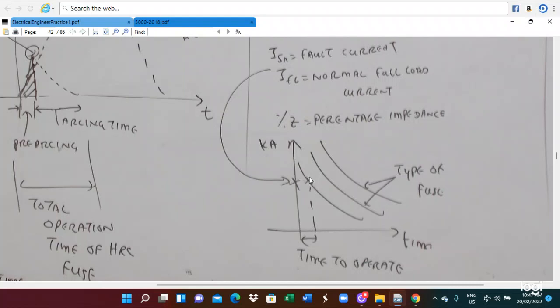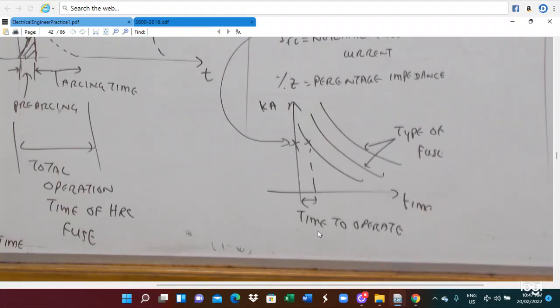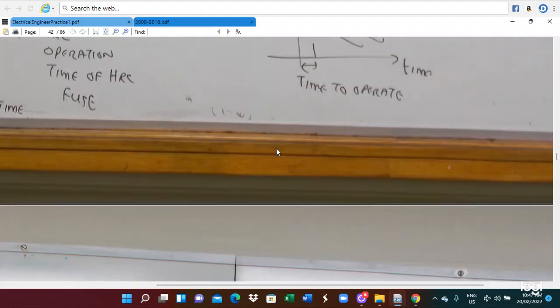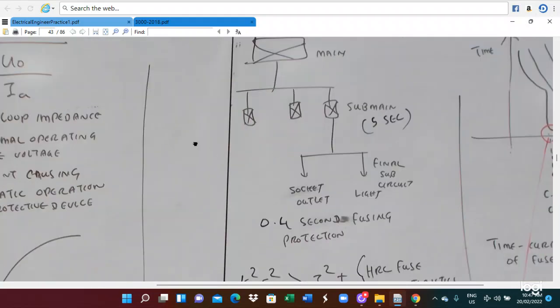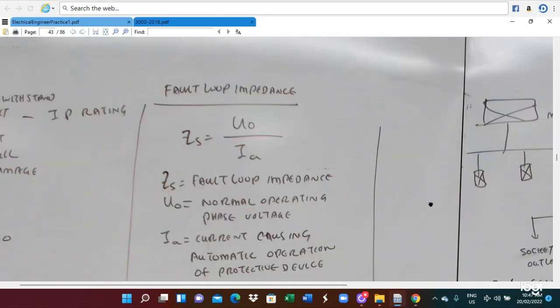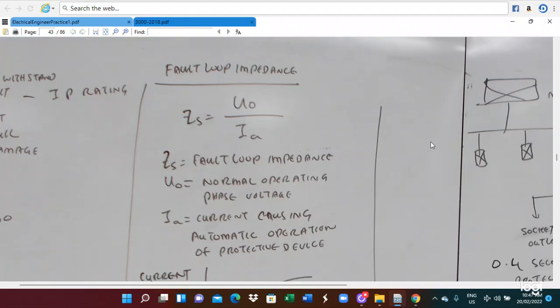Depending on the fault current level and the type of fuse, we can determine the operating time. If you know the time to operate, we can then select the appropriate circuit breaker or fuse.